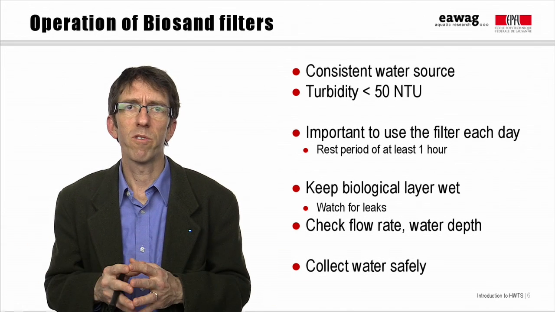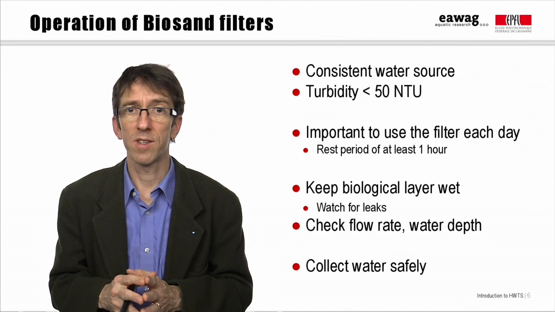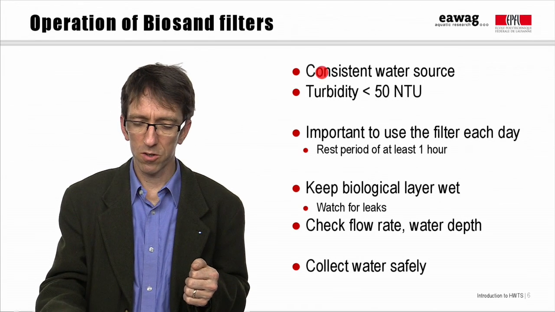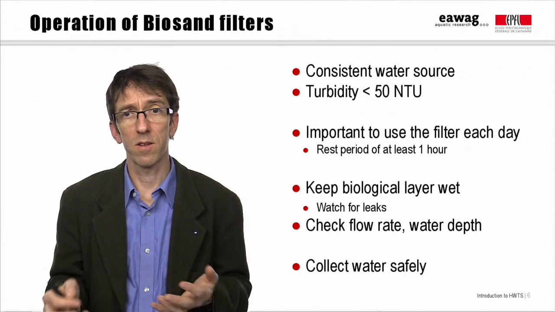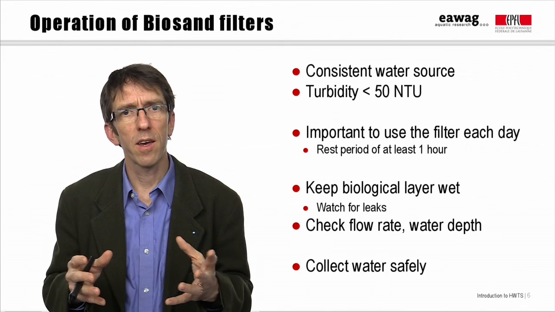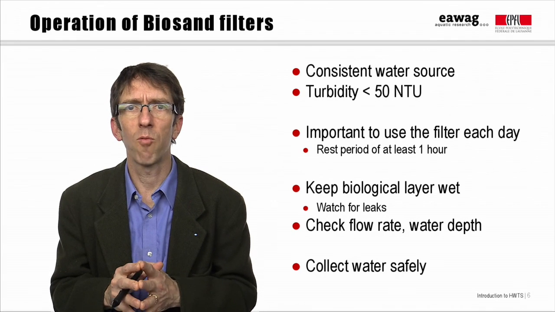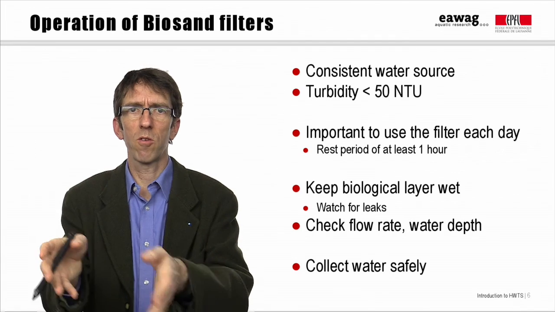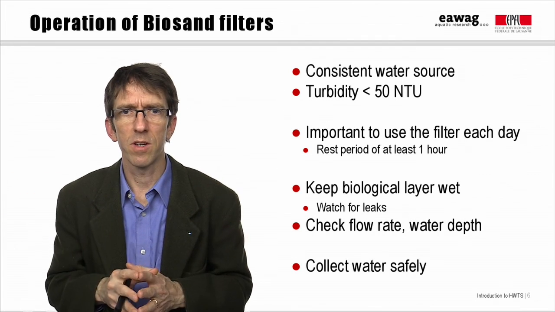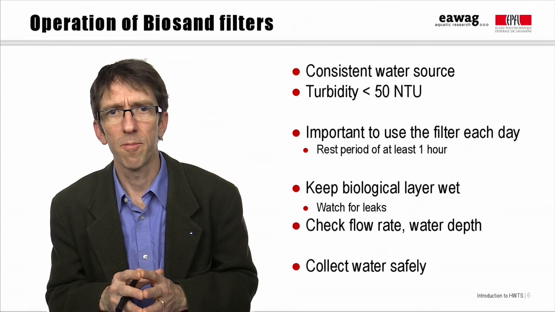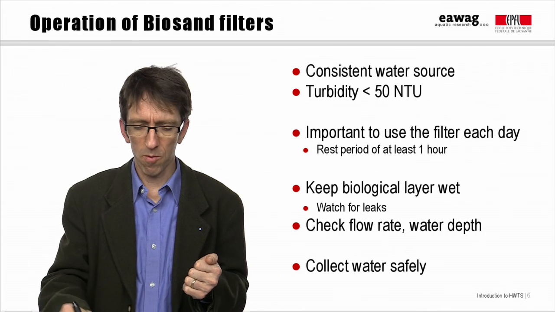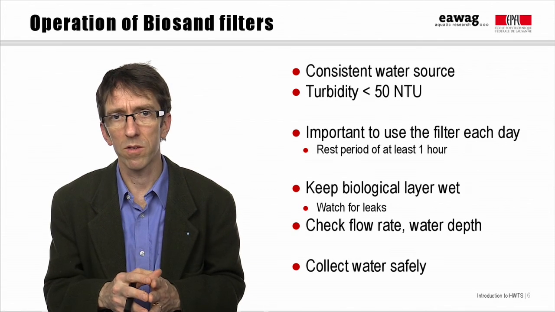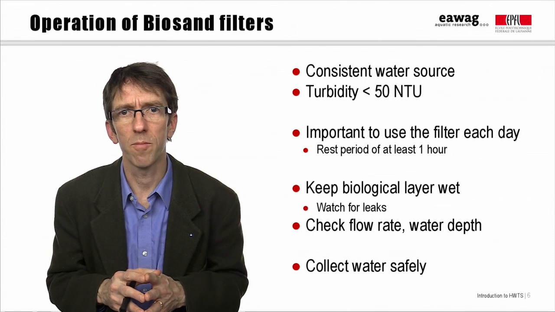There are some good operating procedures which can help to get the best performance out of a biosand filter. One of these is to use a consistent water source. The Schmutzdecke is a collection of microbes, and they get habituated to a certain kind of water. So if the raw water is changing from surface water to groundwater or rainwater, these are very different, and the biofilm won't be happy with that. It's also good if the raw water is not very turbid, say less than 50 NTU, because those particles can clog the filter.